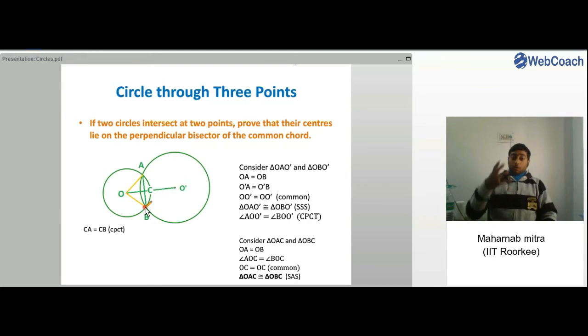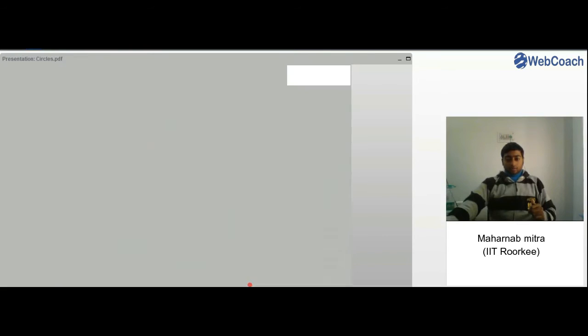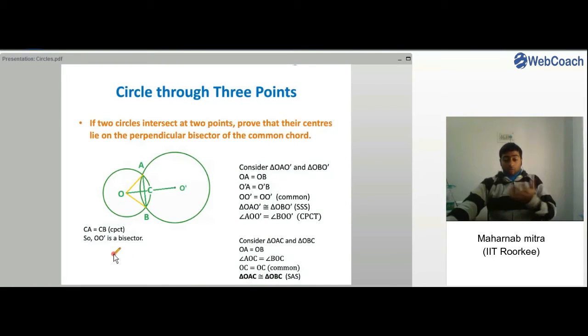So CA is equal to CB, or C is the midpoint of AB. If C is the midpoint of AB, we have proved one of the criteria, which is that OO prime, the line joining the centers, is actually bisecting the common chord. So OO prime is the bisector of the common chord.